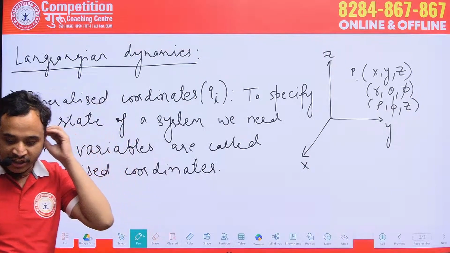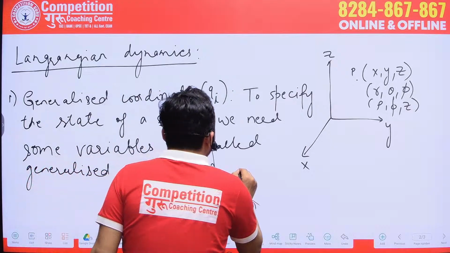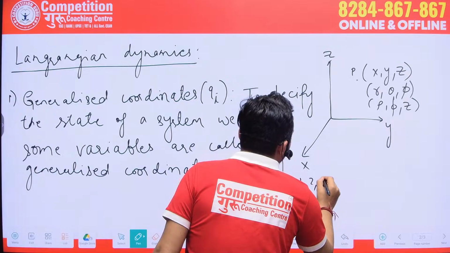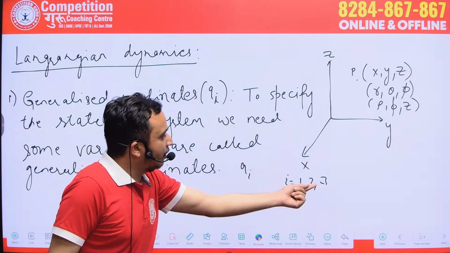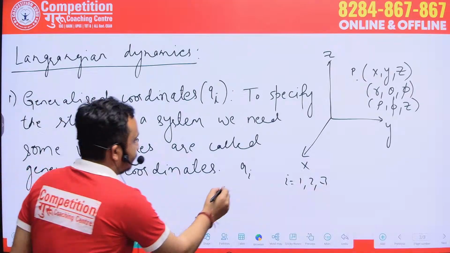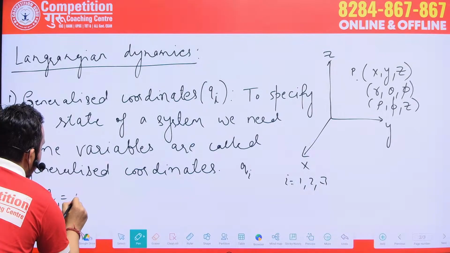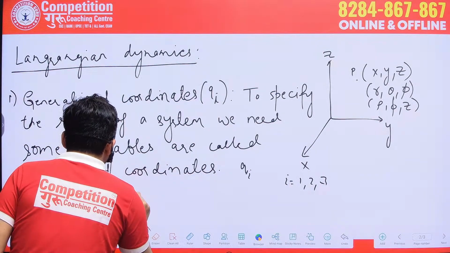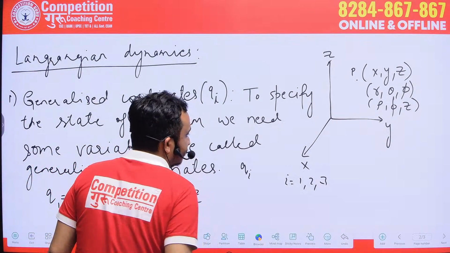We represent these generalized coordinates as qi. For example, i will take the values 1, 2, 3. In 3 dimensions, i will be equal to 1, 2, and 3. So for example, q1 will equal x in Cartesian coordinates, q2 will equal y, and q3 will equal z.